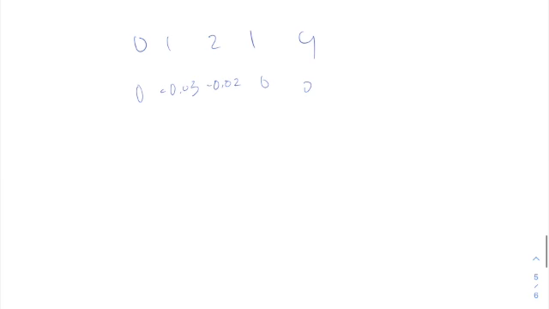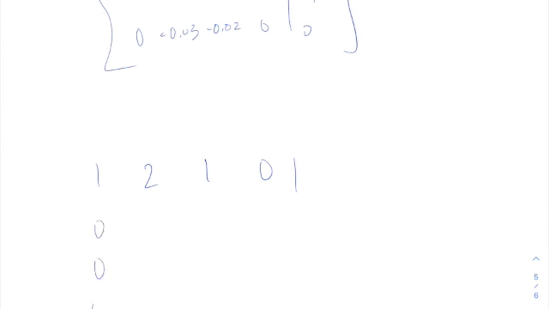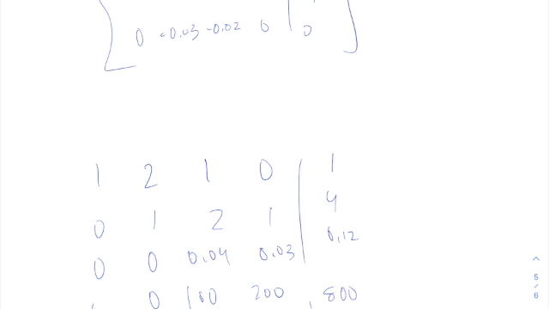Again, we're skipping the actual math part because, in the sake of time, like I said, and we get 1, 2, 1, 0, 1, zeros across the board here, 1, zeros across the board, 2, 0.04, 100, 1, 0.03, 200, oh, we should probably move this over a little bit, 1, 4, 0.12, 800. And now we have to do this one more time.